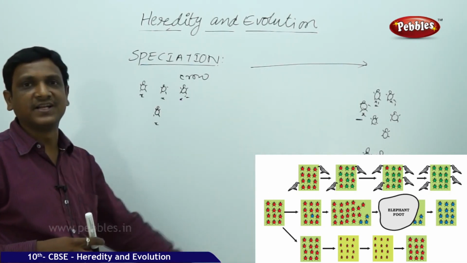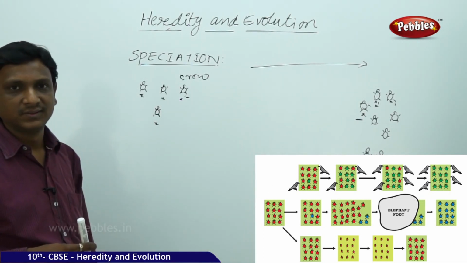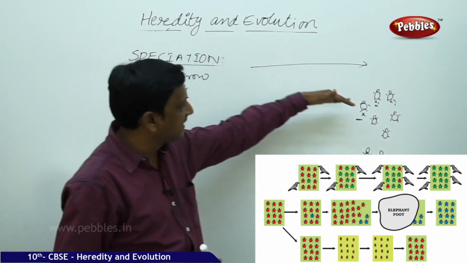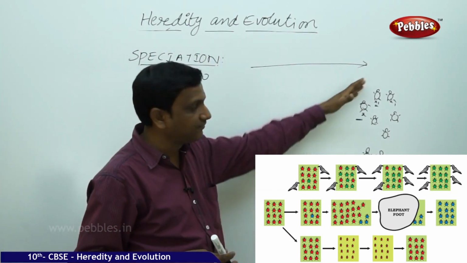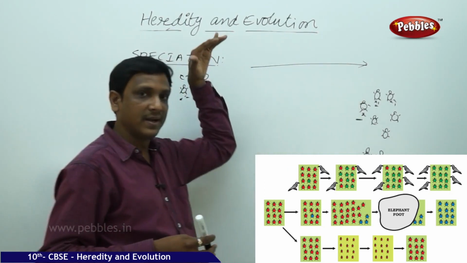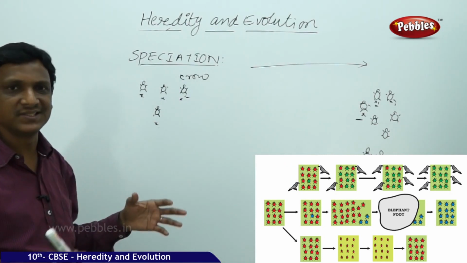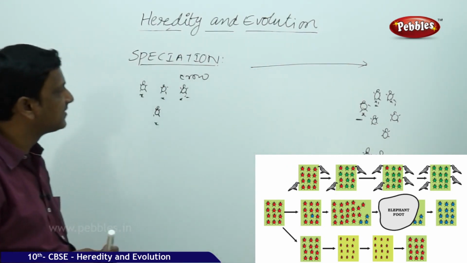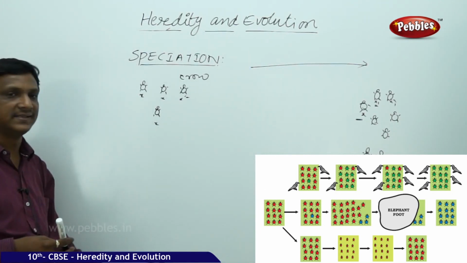After a number of generations, after so many variations, in the earlier stage when it was taken there was a possibility of reproduction between these two. But after a number of generations, so many variations happen. The variations that take place in the X1 group are different from the variations that take place in the X group.